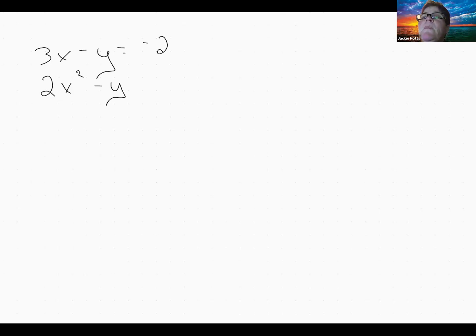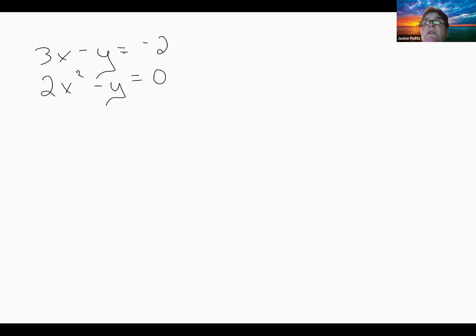But I'm going to start right off with, here is our system. Now, here's the difference with these systems of equations. Please note, they're not all linear. In this case, we have a linear and a parabola.